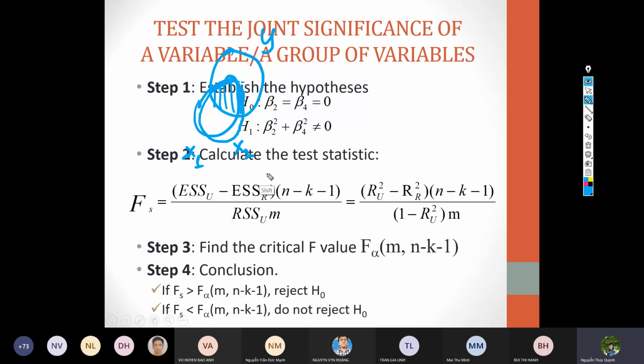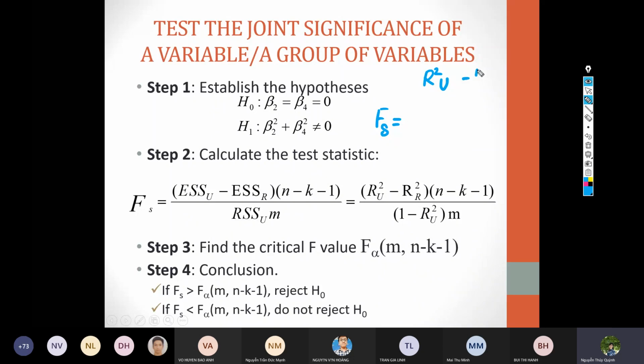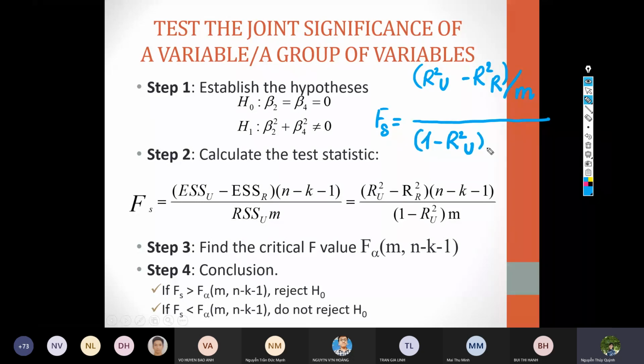We have F, the observed value, equal to R squared of the unrestricted model minus R squared of the restricted model, divided by M, which is the number of linear restrictions in the null hypothesis, and divided by 1 minus R squared of the unrestricted model divided by N minus K minus 1.